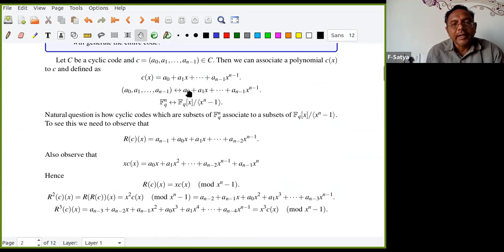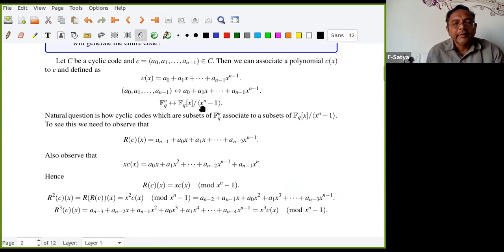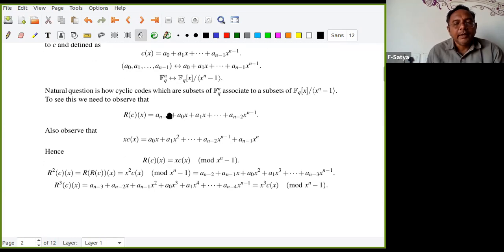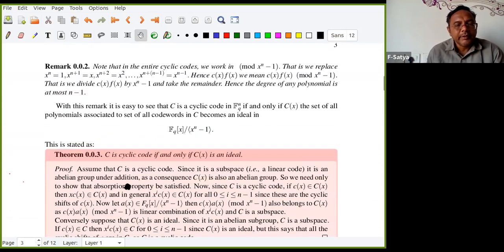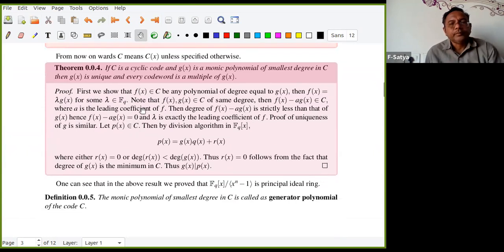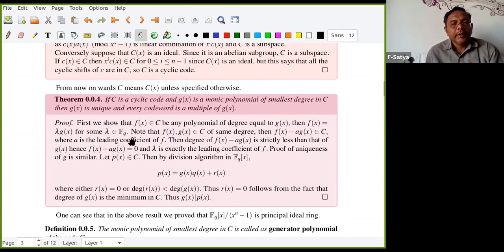In fact, any word can be converted into a polynomial, but code words become ideals here. All the cyclic code words combined become an ideal. That's what we did. This is the theorem.